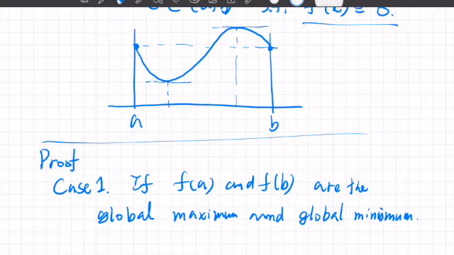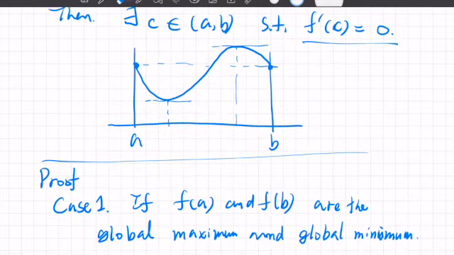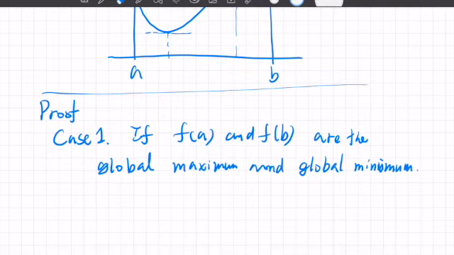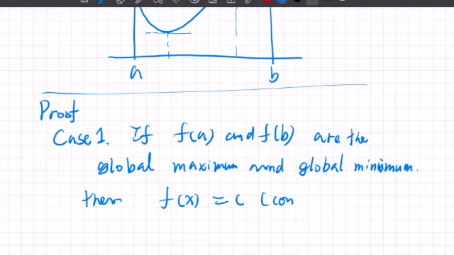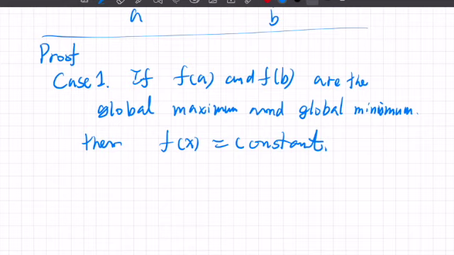So if this is the case, then this function must be a constant. Then f of x is a constant. Since this value is both global maximum and global minimum.